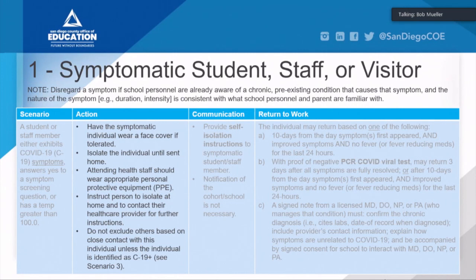Isolate that individual until they're sent home. Anyone attending to that person should be wearing appropriate personal protective equipment. Ideally, that would be an N95 respirator that they have been medically cleared and fit tested to use, and gloves and potentially a gown while in contact with that infectious person.